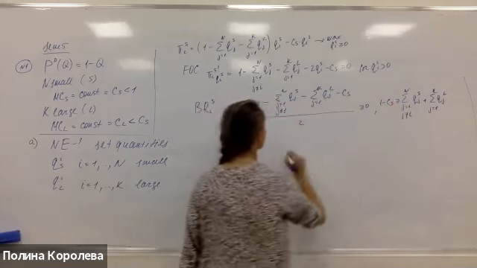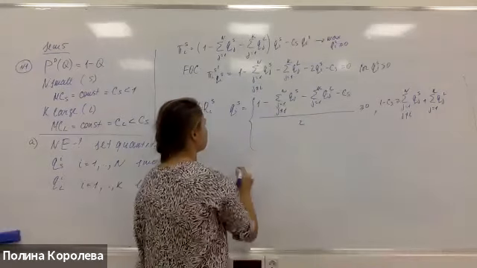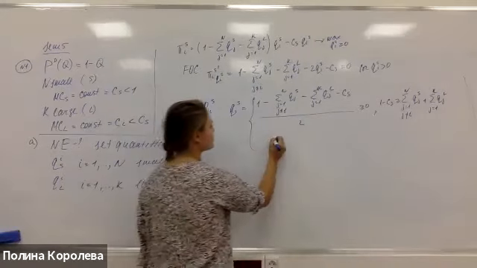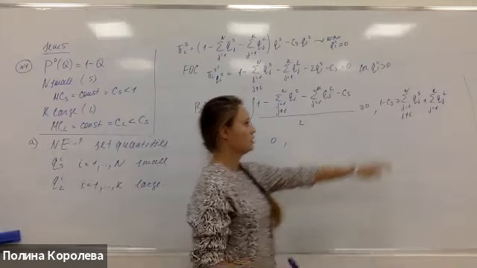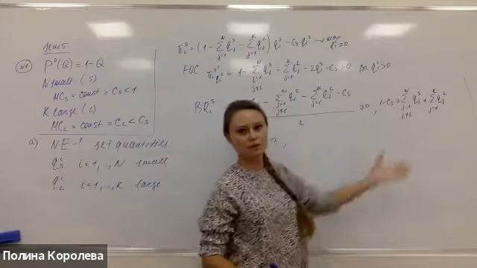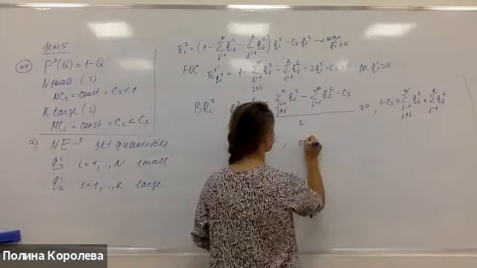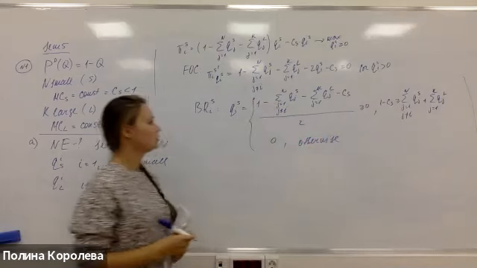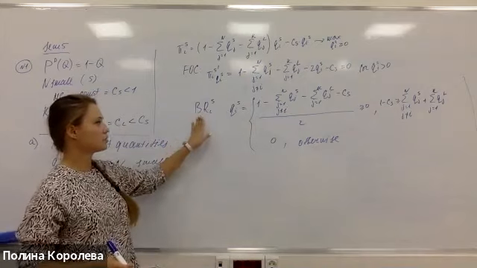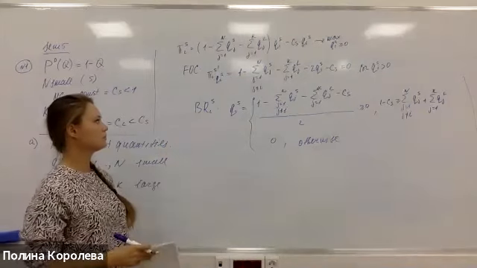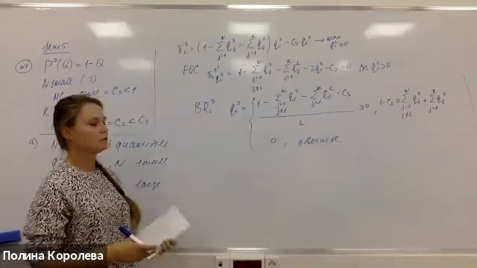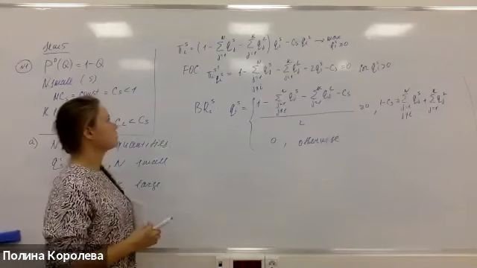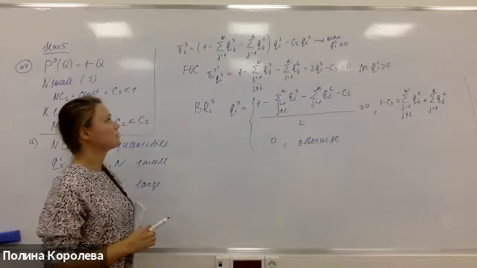And our firm will produce 0 if this is not true. Otherwise, so we wrote down the best response function of our small firm. And what can we write?